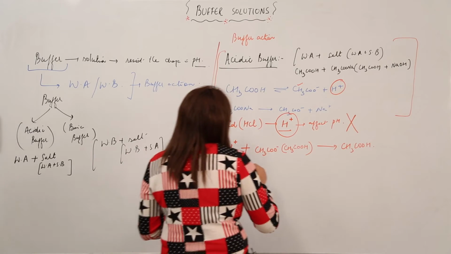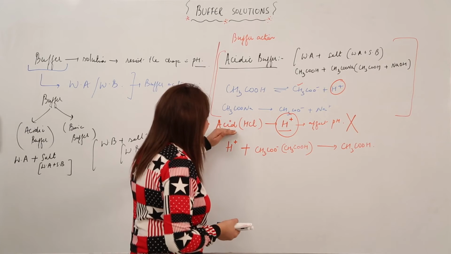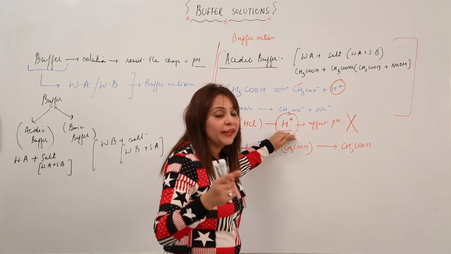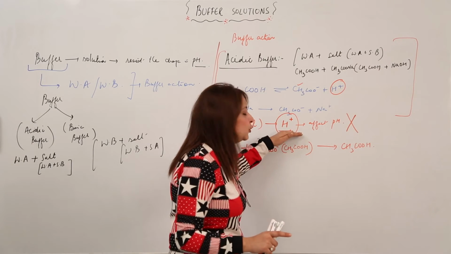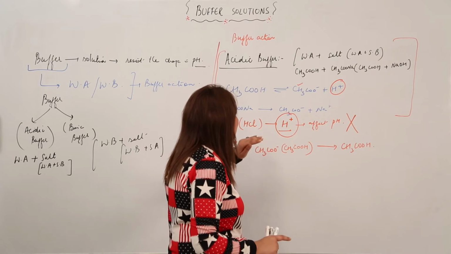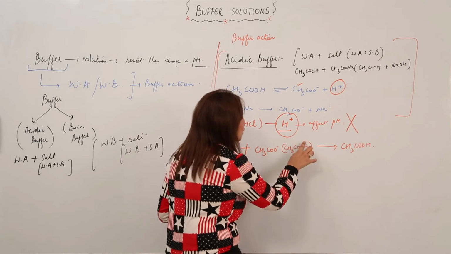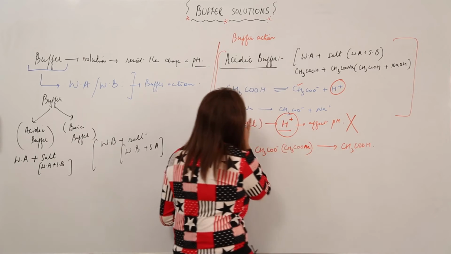I'm repeating it again. We add acid to it. Acid is giving hydrogen ions, which are obviously going to affect the pH, but it is not altering because they are getting consumed, right? So who is consuming this hydrogen ion? It is the acetate ion, but this acetate ion is not coming from the acetic acid, it is coming from this salt, the sodium acetate.